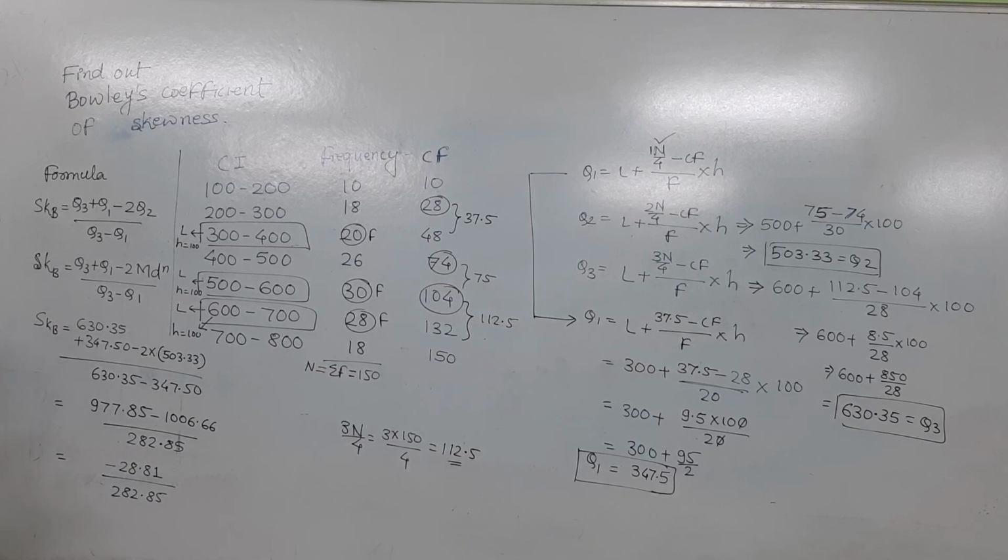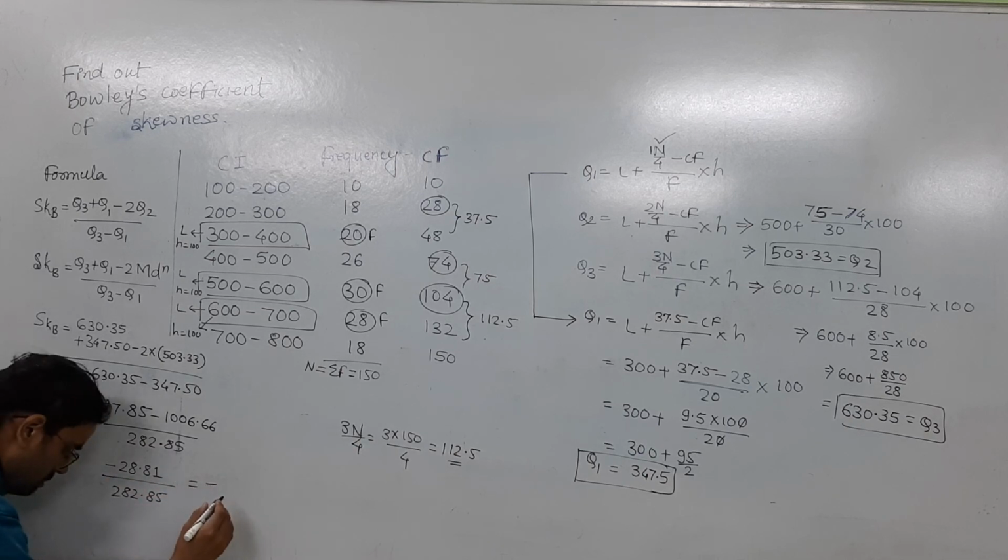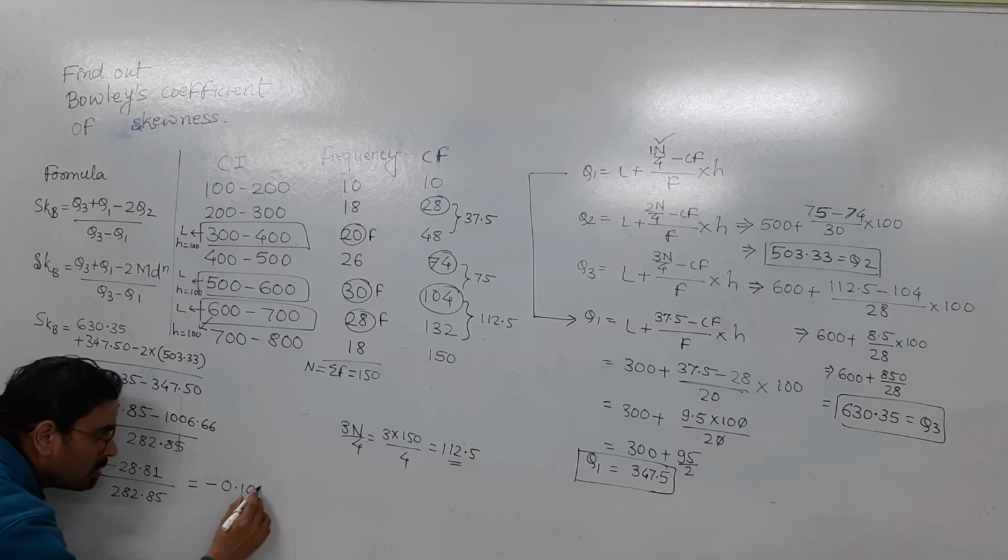Divided by 282.85. So the answer is minus 0.10185.